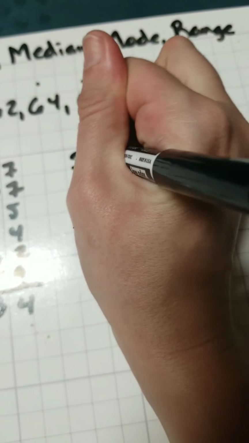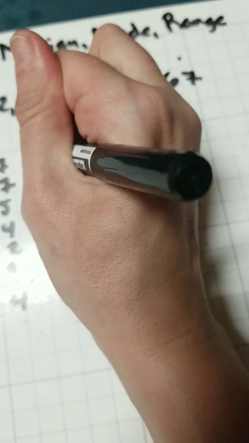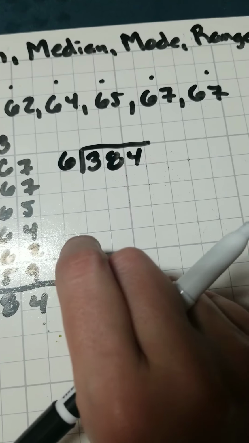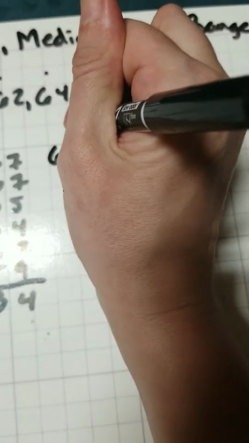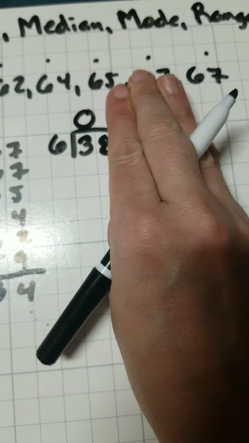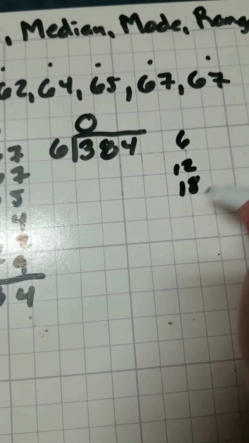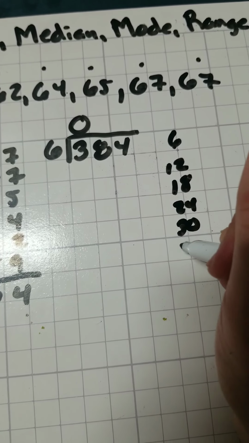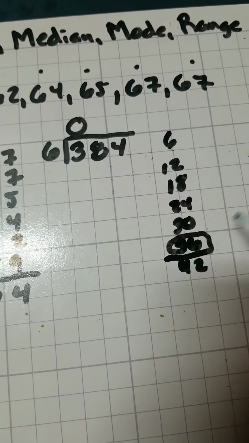So in order to find the mean, we're going to take the total of all of the numbers in the data set, and divide it by the number of numbers in our data set. If I have 3, I cannot make a group of 6, so I'm going to put a 0 up there. If I have 38, I can make 6 groups of 6.